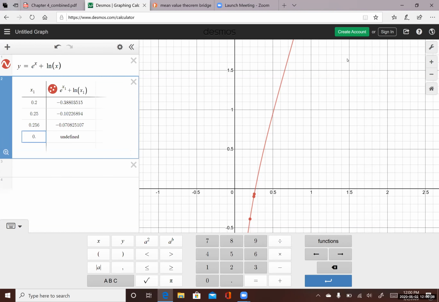If I go to 0.3, as you see, if I go a little too far from 0.256 to 0.3, my y values go from negative to positive.